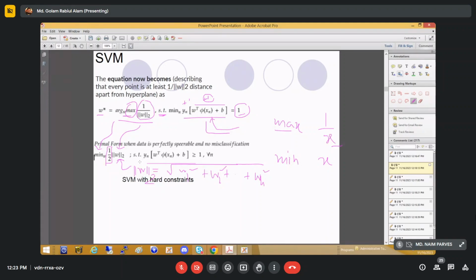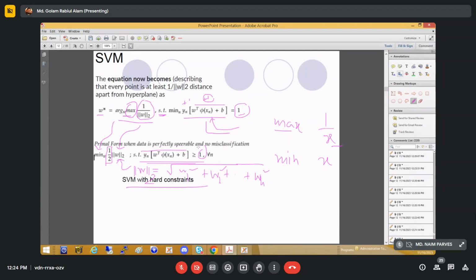And we know this equation also, where Yn is our original class label, and Xn is our feature values. So we need to find out the W and also B using the optimization theoretic approach. So this is called the SVM with hard constraint. Hard constraint means that this one must be greater than or equal to 1.